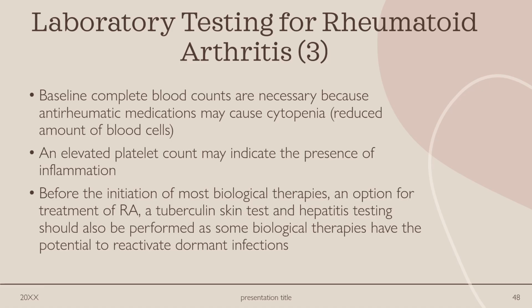Cytopenia is a reduced amount of blood cells. So an elevated platelet count may indicate the presence of inflammation. Before the initiation of most biological therapies, and we'll talk about that in a little bit, an option for treatment of RA, a tuberculin skin test and hepatitis testing should also be performed, as some of these biological therapies have the potential to reactivate a dormant infection.